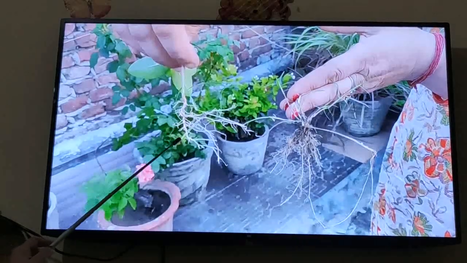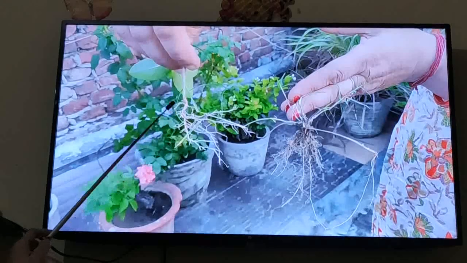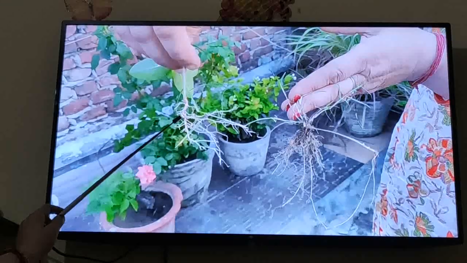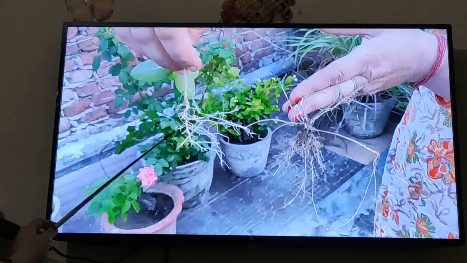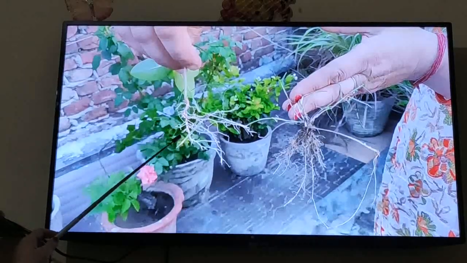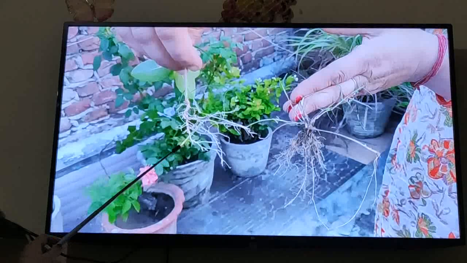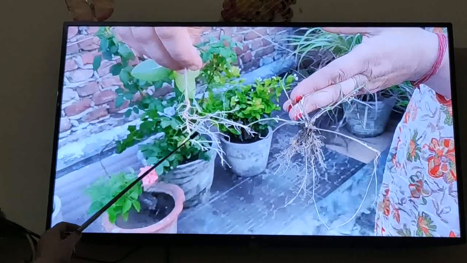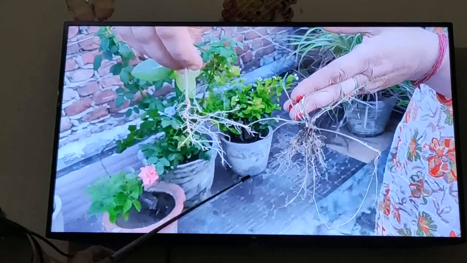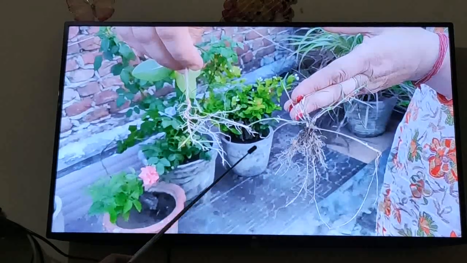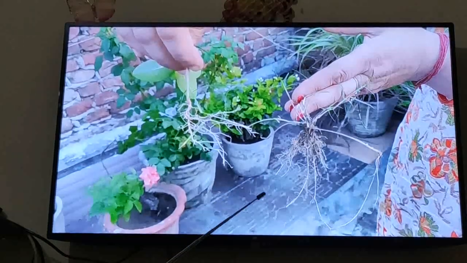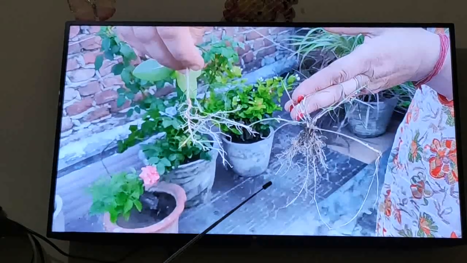Now the taproot itself is quite thick. Look over here, it is thick, though it is a small plant, so not too thick, but its branches are much thinner than that. Now the fibrous roots: some plants do not have a main root, they have a bunch of similar roots called fibrous roots.